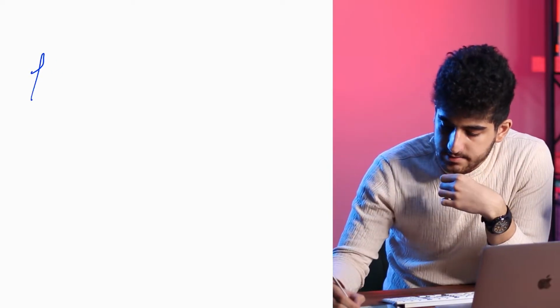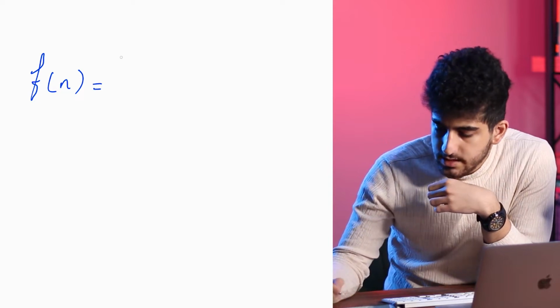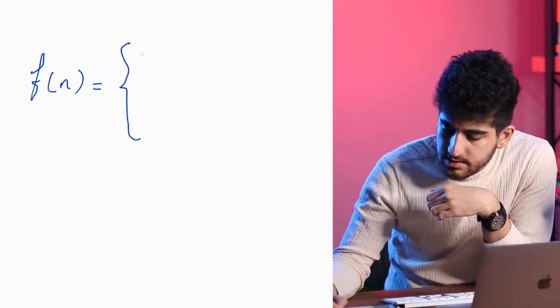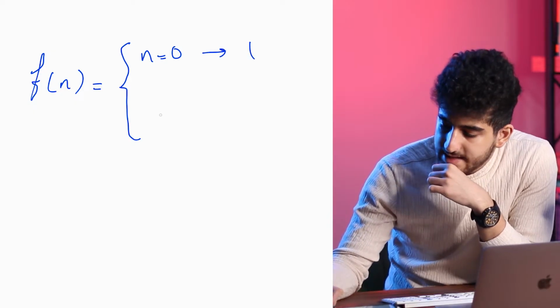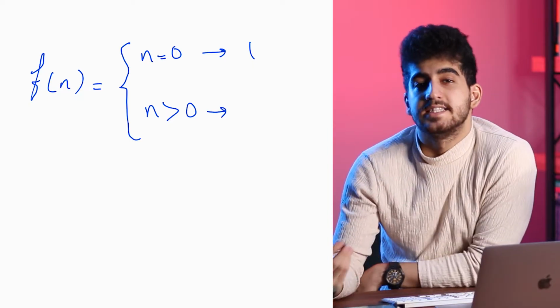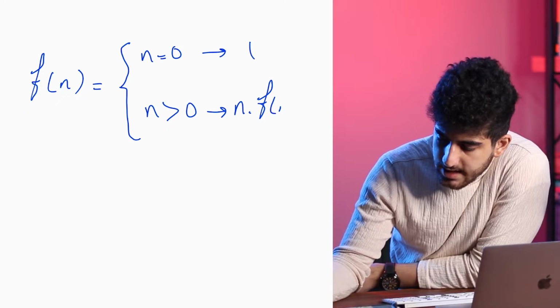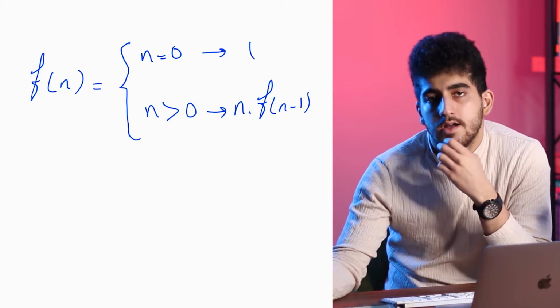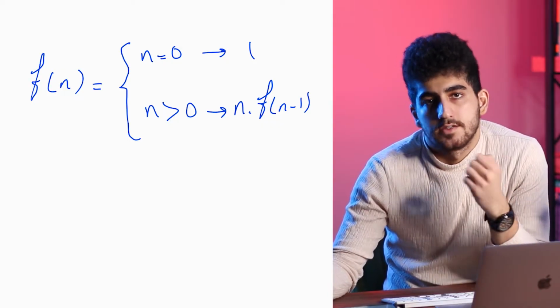So I can say that f of n, assuming n is a non-negative number, is equal to: if n was 0, I just return 1, and if n was greater than 0, f of n is equal to n times f of n minus 1. So by doing this, I can calculate factorial.